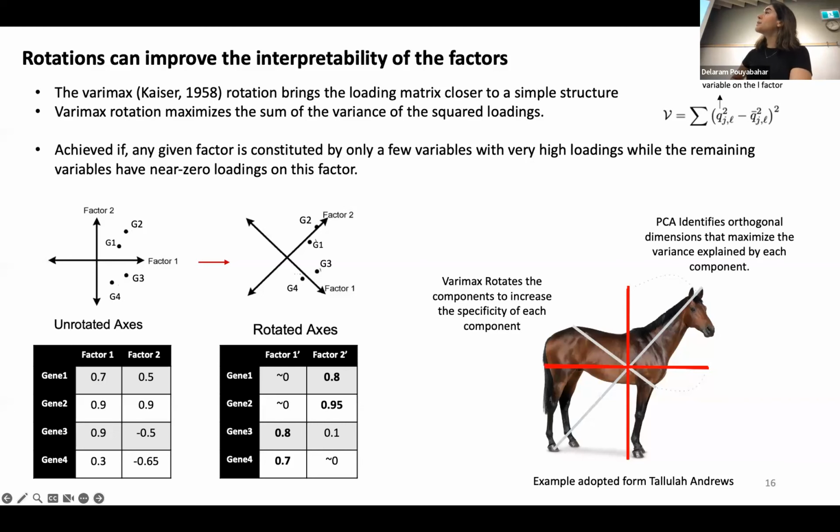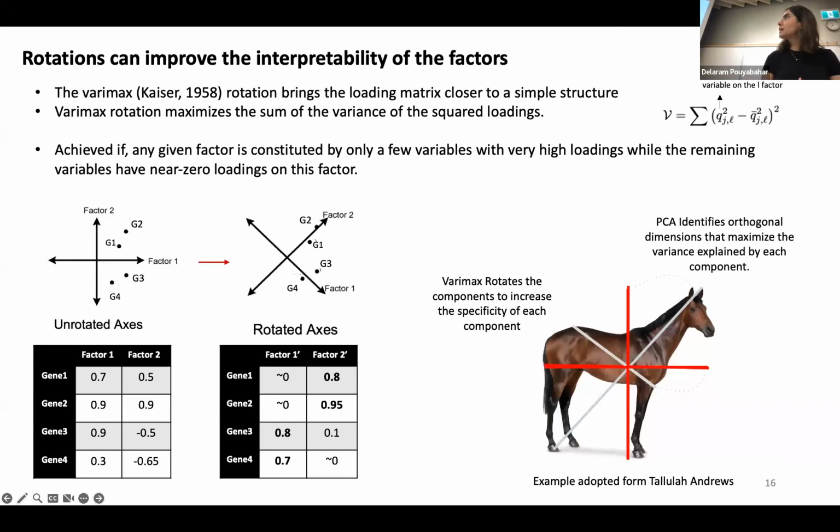And these methods are rotations. Rotations are any approach where you apply some rotation to your loading matrix in the space, rotating it in a way that the resulting space would be more interpretable and easier to study.